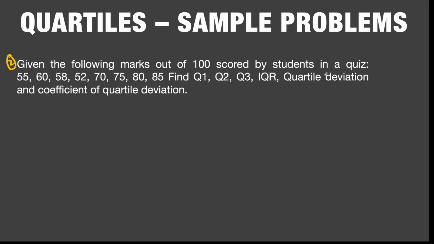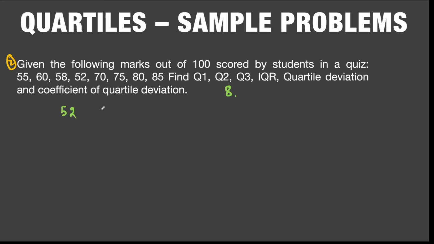Given the following marks of 100 students in a quiz. There are a total of 8 students, and these are the marks given to us. Let us start from the lowest one. The lowest seems to be 52.